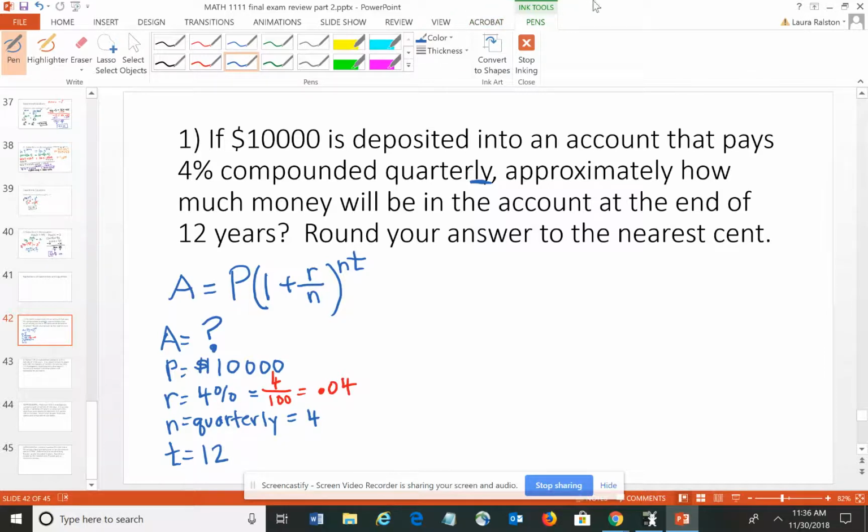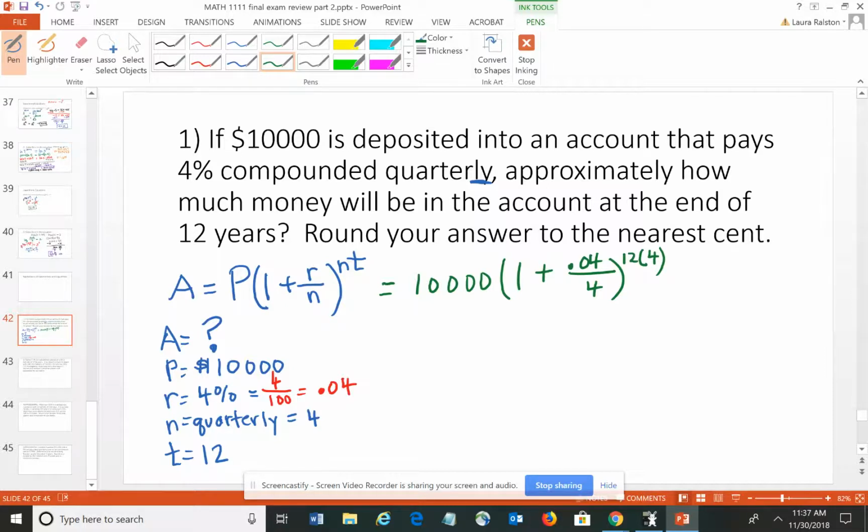So I've identified all of the information, and then it becomes a substitution problem. I would have $10,000 times 1 plus 4% divided by 4, raised to the 12 times 4 power.